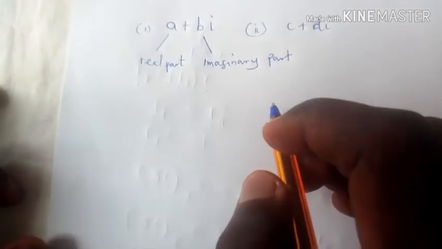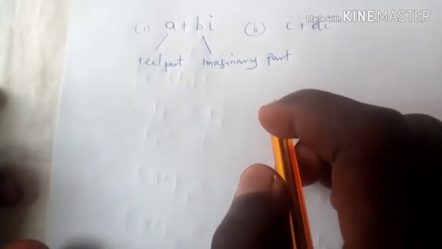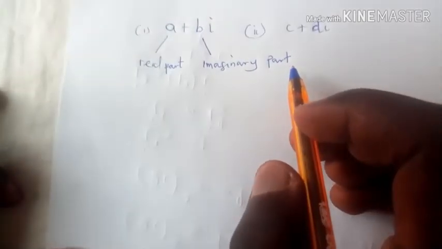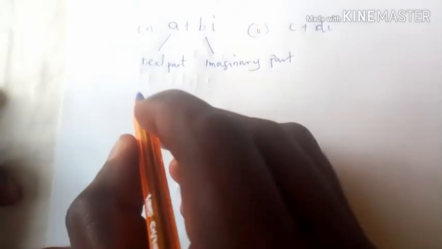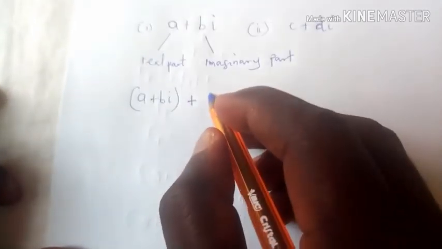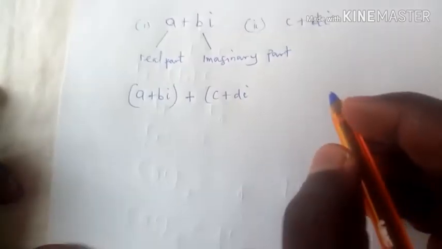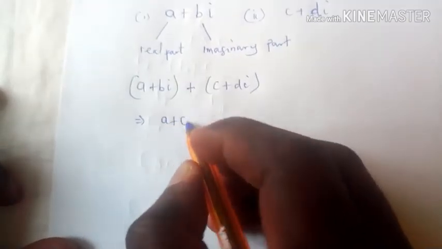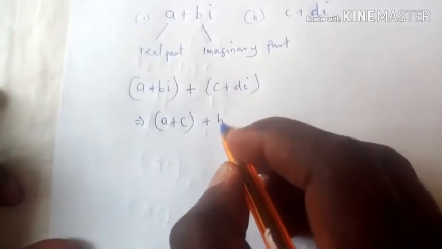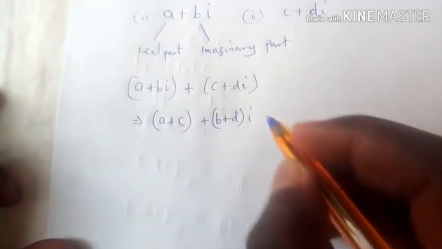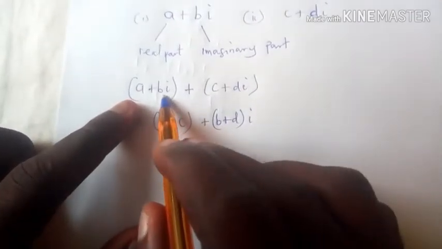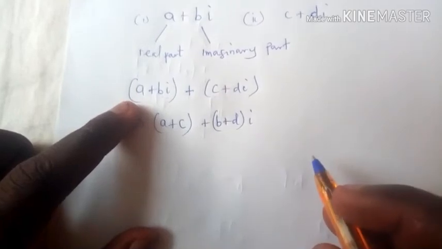In adding or subtracting these complex numbers, it's just a matter of adding or subtracting the real parts, and then adding or subtracting the imaginary parts. So for addition, a plus bi plus c plus di gives us (a plus c) plus (b plus d) multiplied by i. It's just a matter of adding the real parts, a and c, and then the imaginary parts, b and d.